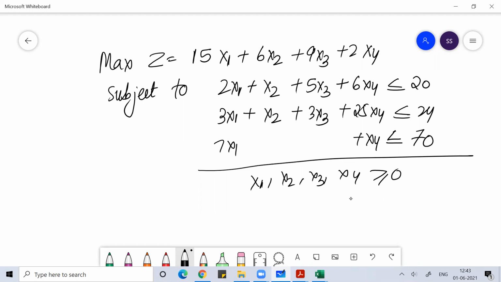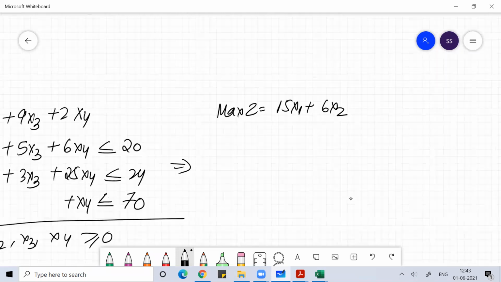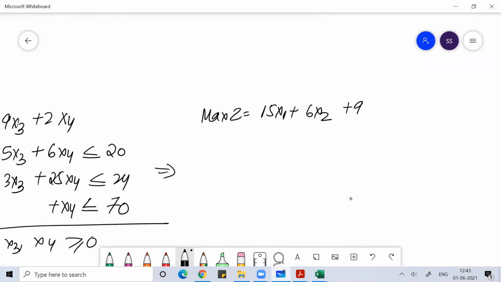So here, same thing, maximize z is equal to 15x1 plus 6x2 plus 9x3 plus 2x4.